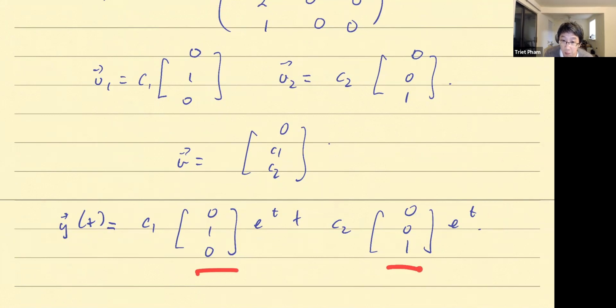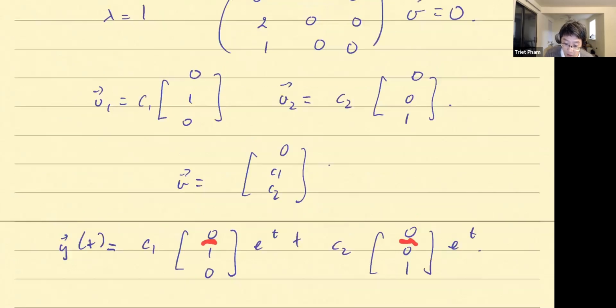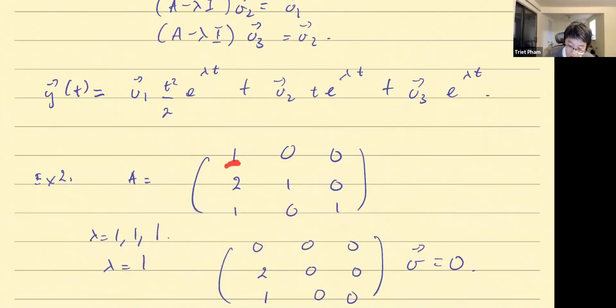Why? Very simple. When you write down this solution like this, just look at it for a little bit and you know it cannot be correct, because you say that the top coordinate must be 0. But that cannot be true, because this is our system. The top coordinate solves y1 prime equals y1. So how can it be 0?